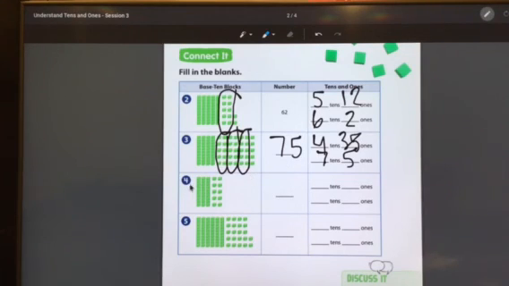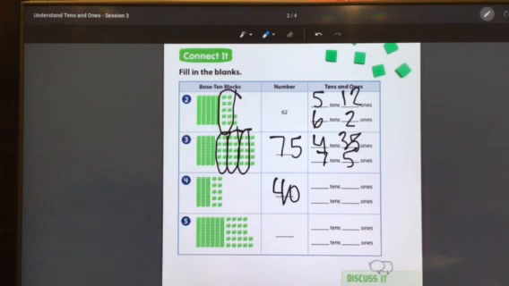All right, moving on to number 4, we're going to do the same things for number 4 and 5. Let's first count how many there are in all. 10, 20, 30, 31, 32, 33, 34, 35, 36, 37, 38, 39, 40. So on the line right here, you're going to write the number 40.